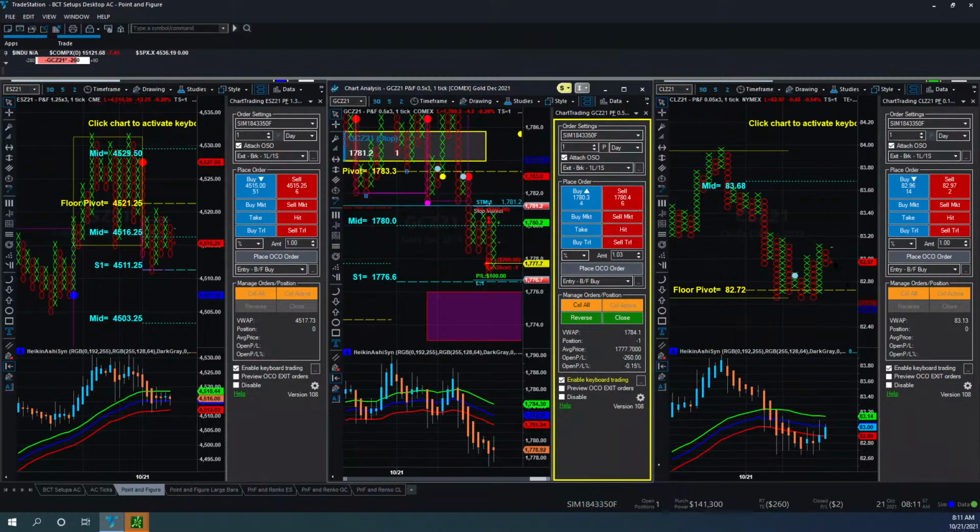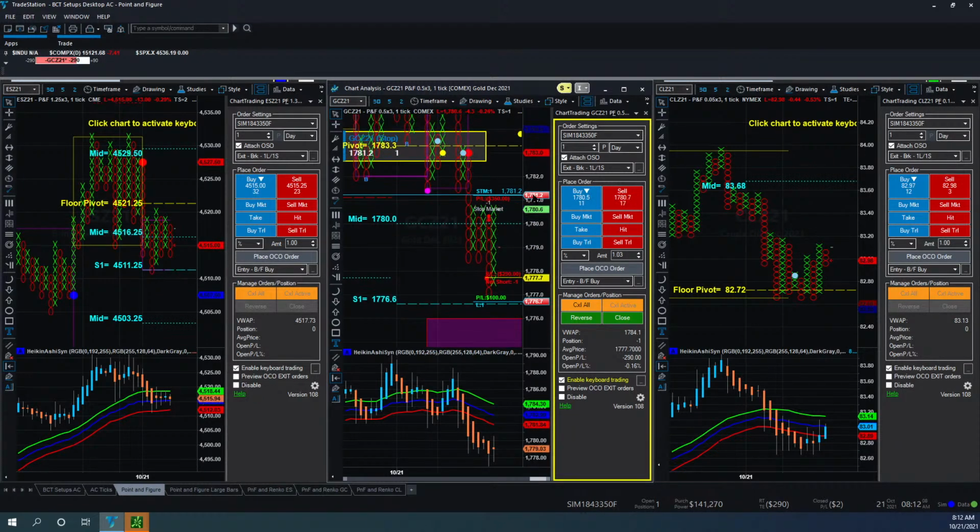Crude in the range. See, sometimes it's better to take the loss at 120.